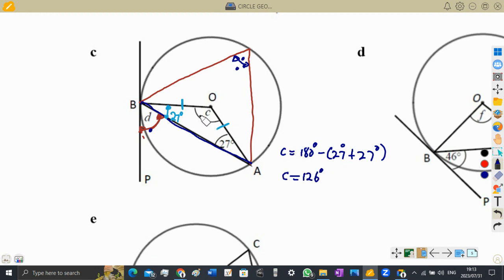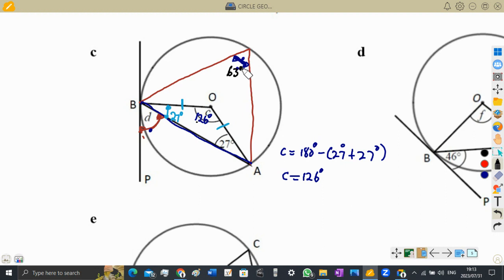By finding C, that is 126 degrees, we can determine angle D, because C can be related to this angle that we are indicating here, because it's a half, it's at the circumference. So this one, if we divide 126 by 2, that will be 63 degrees.